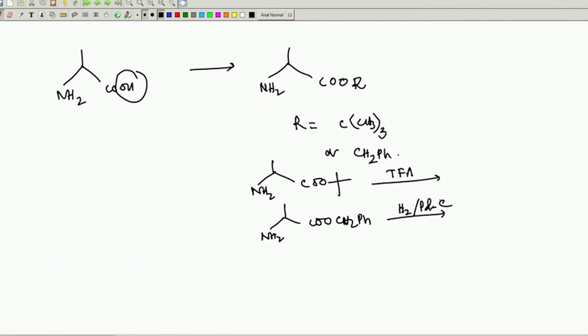So, I am not saying how these protecting groups are incorporated, that is possibly the next lecture I will quickly go into, because that is the first step, and the last step, after all the coupling is done, is that you have to deprotect.